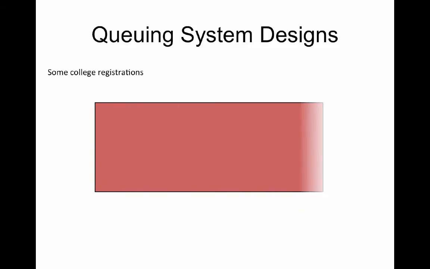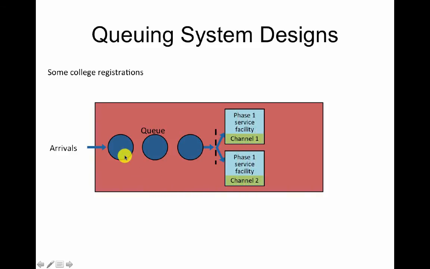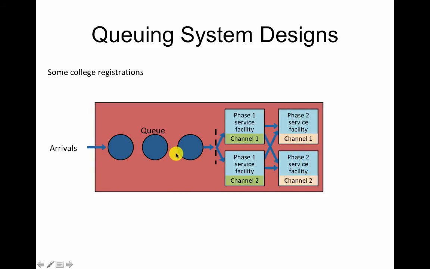And here's a little bit more complicated example that's used often in college registrations. Here, again, you have one line, and then somebody goes through and is served here in channel 1. When that's finished, they have multiple options. They can either go to this phase 2 servicing facility, or they could go down here to this other phase 2 servicing facility.